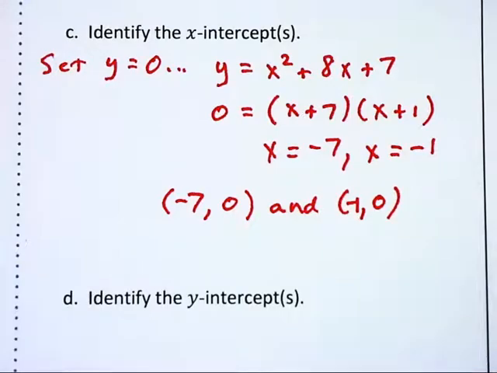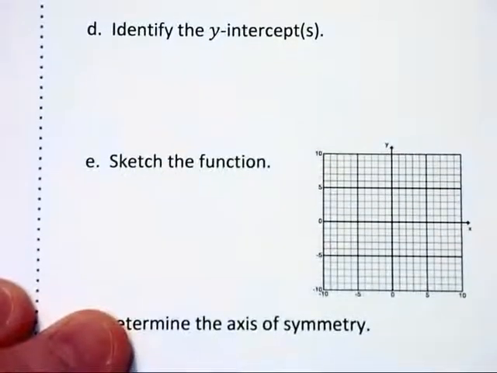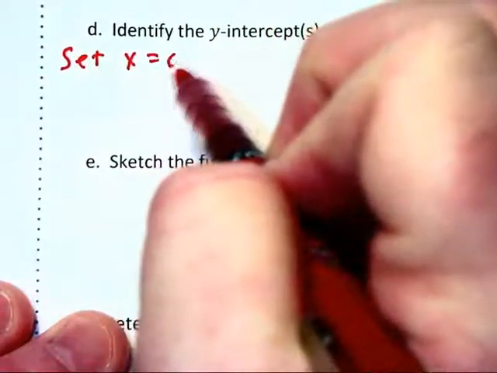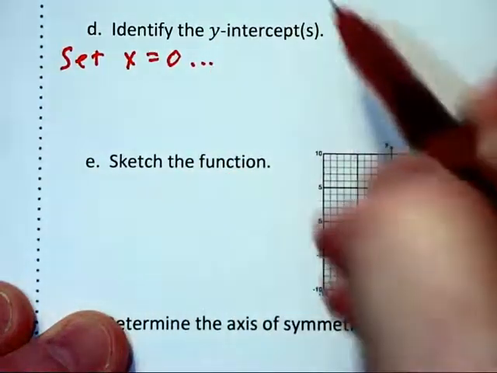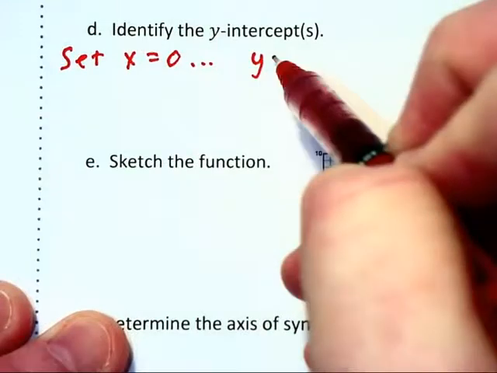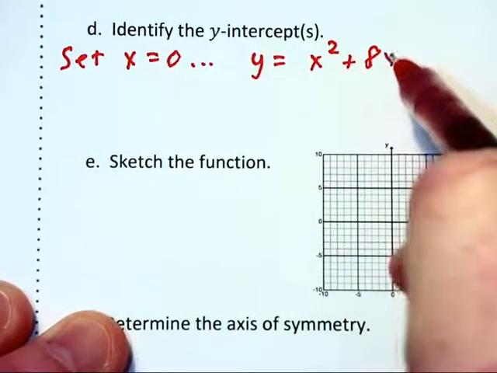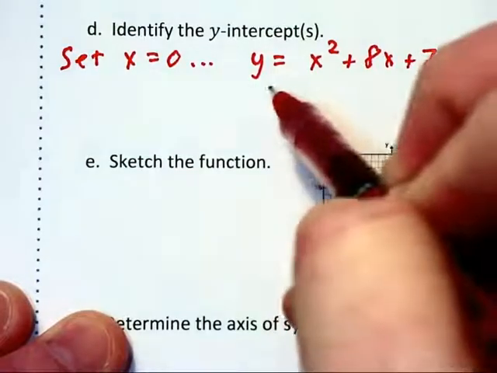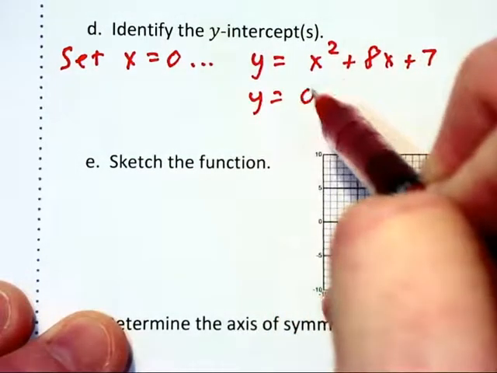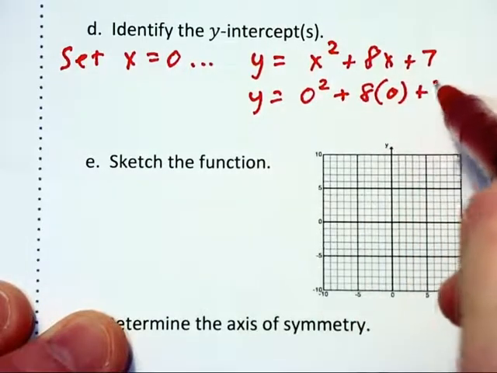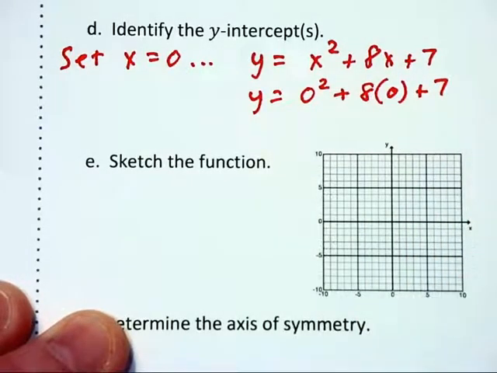To identify the y-intercepts, now we will set x equal to 0. Again, I'm going to go to the original function, y equals x squared plus 8x plus 7, and you can see that when we substitute 0 in for x, we're going to just have the 7 over here on the right.